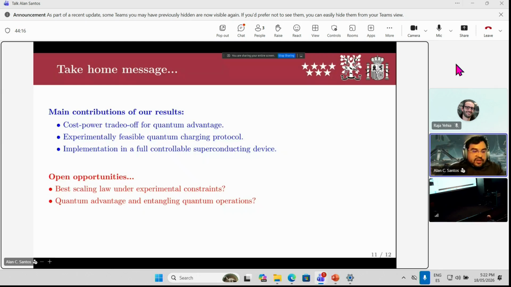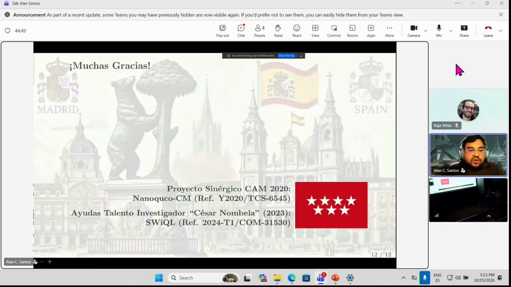The point is that because these all-to-all n-body interactions are really complicated, the question is what we can do with the available interactions in an experiment. And of course, this relation between quantum advantage and entanglement is something that could be quite helpful to understand, to see if entanglement is really critical for quantum advantage or not. Okay? So that's all. Thank you, everyone.